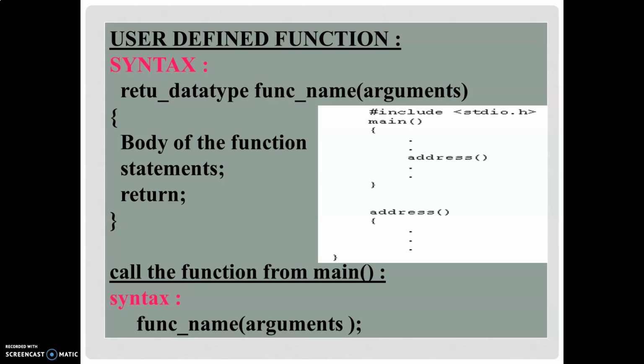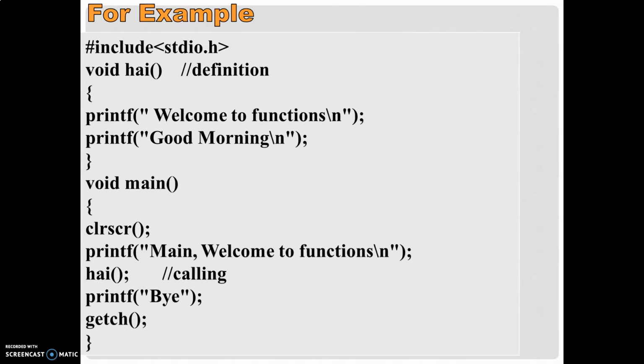Now whenever you are calling the function address, that means that address is present. That address is written after the main function, which is written as address now within bracket. That means body of the function, then I am writing the statements. Clear? This is called the above function. In this above program, the main function is the calling function. The address is called the called function. Who is calling whom?